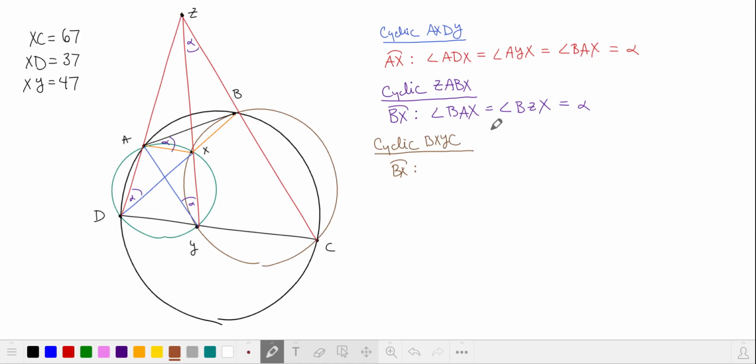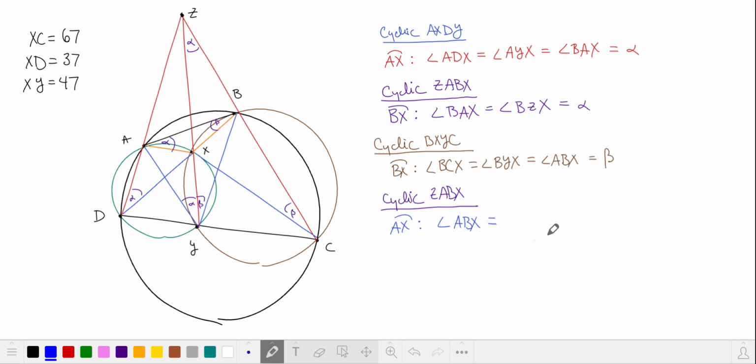Similarly, with the other circle and cyclic quadrilateral BXYC, when we take a look at the inscribed angles that cut off arc BX, we have that the inscribed angles are BCX, BYX, and this tangent angle ABX. Let's call these three beta.